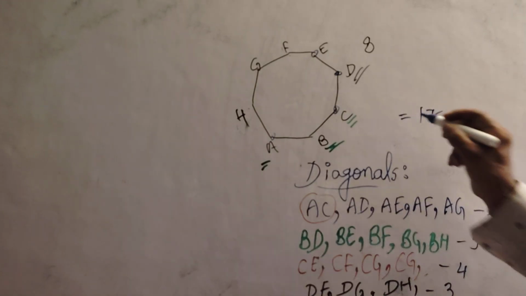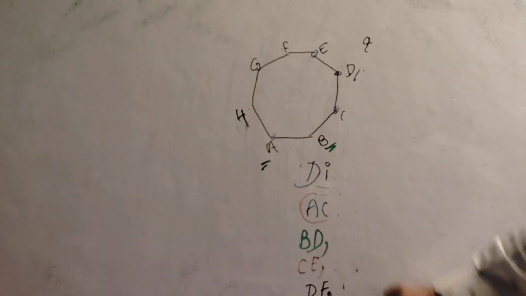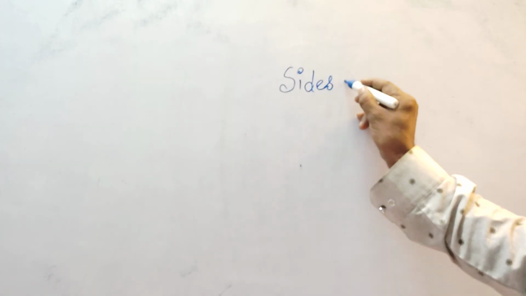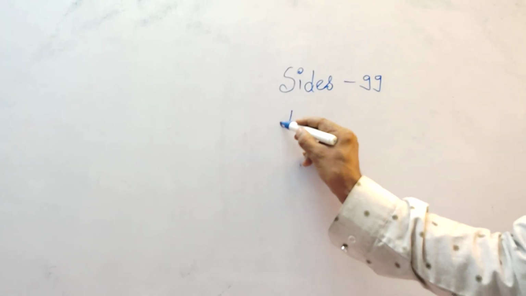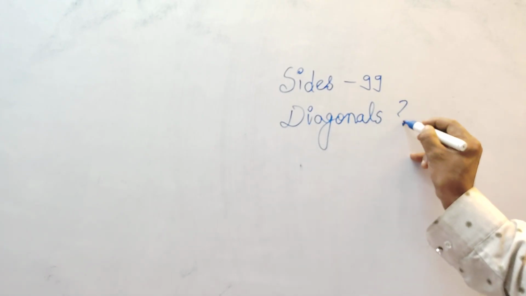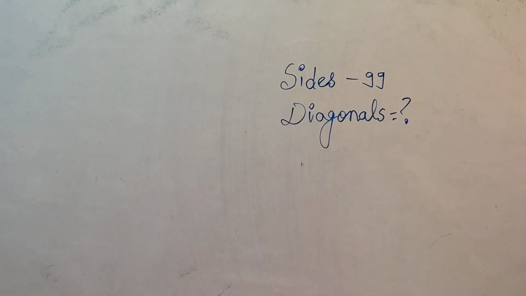Okay. So the number of diagonals is increasing, and we cannot just count like this. If the question says in a 99-sided polygon how many diagonals there are, with the number of sides given as 99, then find the number of diagonals. Without a formula it is not possible to find out.